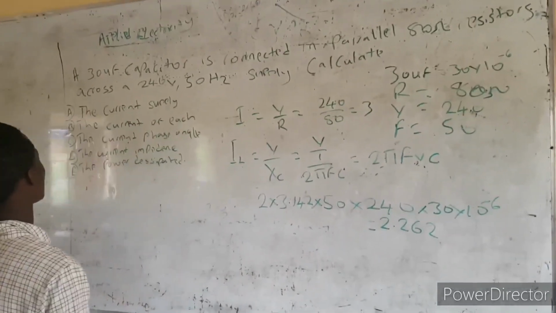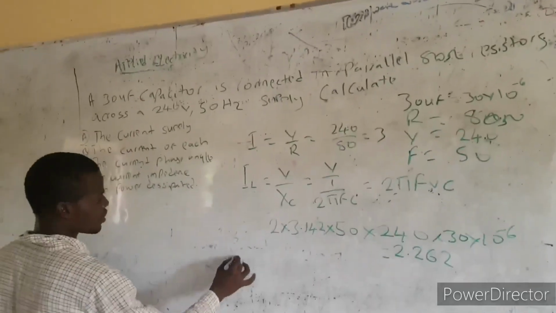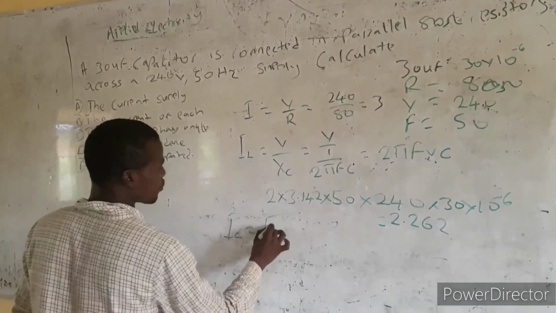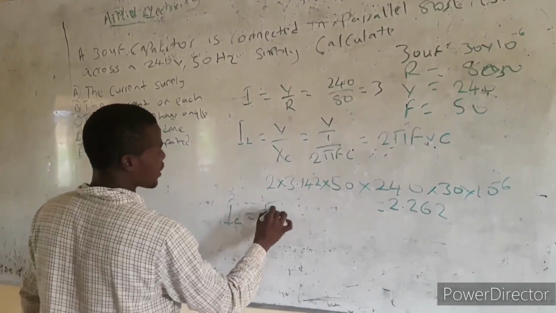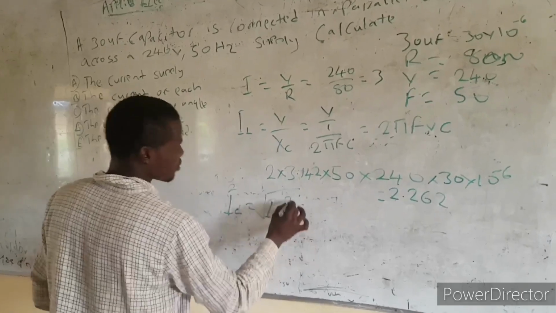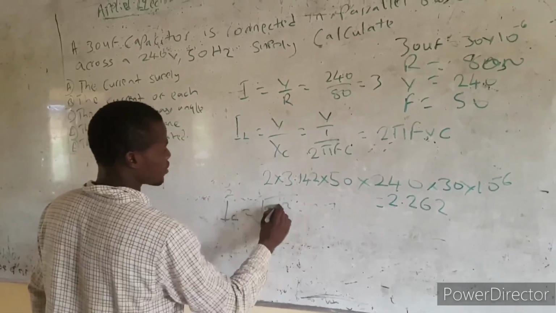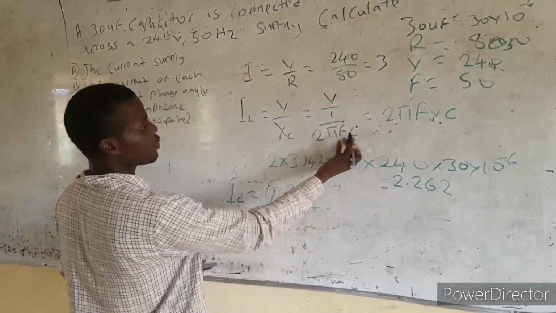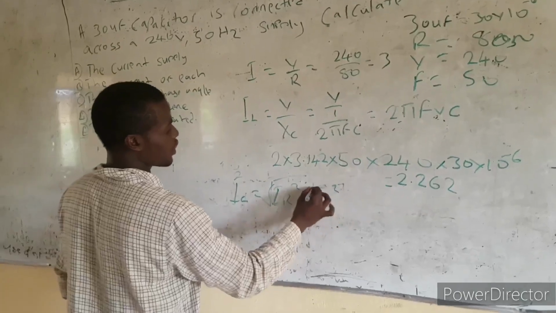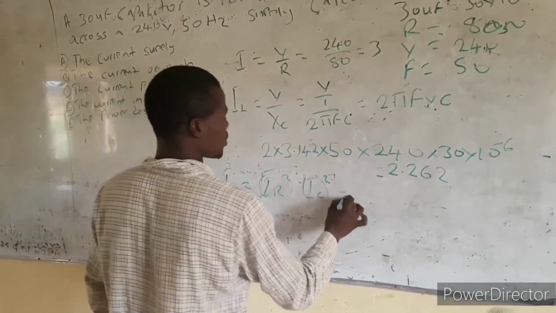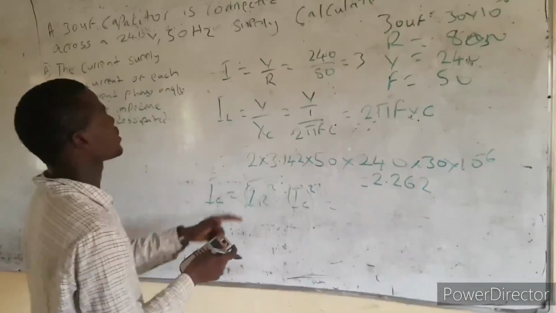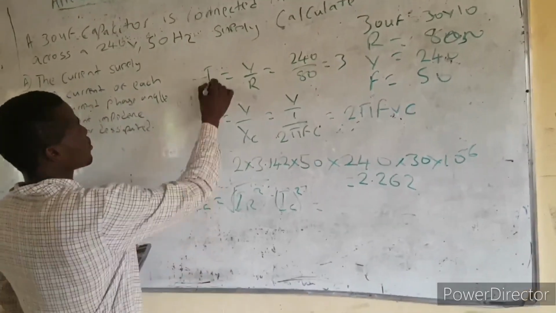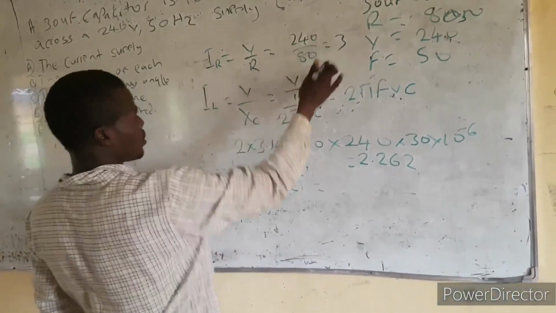Now let's solve for the total current. I total is equal to the square root of IR squared plus IC squared, since we are dealing with capacitance. IR is 3, and IC, which is our capacitor current that we just found, is 2.262.